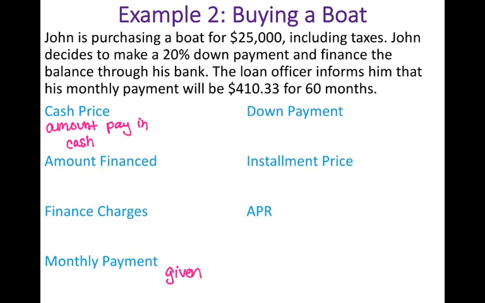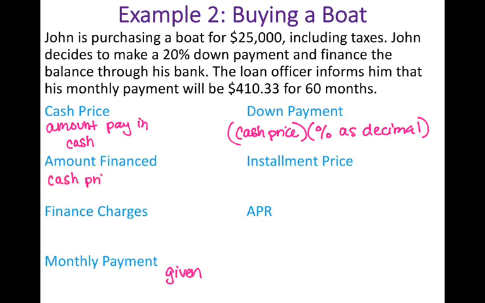The down payment is going to be the cash price times the percent as a decimal. The amount financed still doesn't change like the previous problem. That is going to be the cash price minus the down payment.